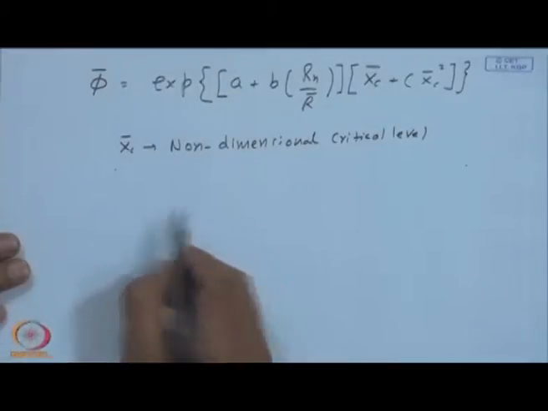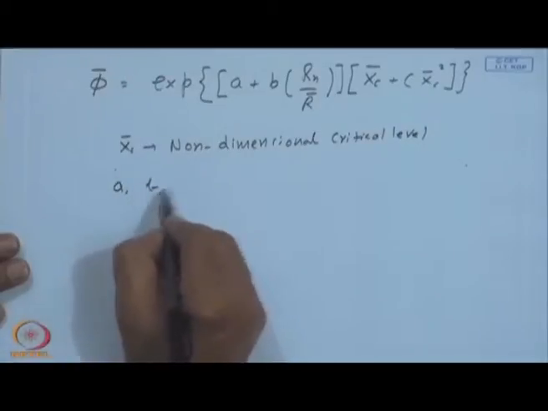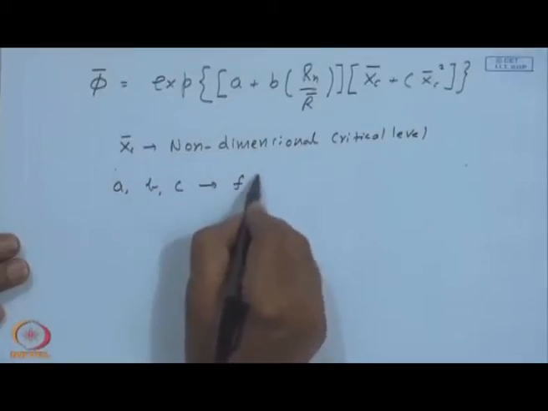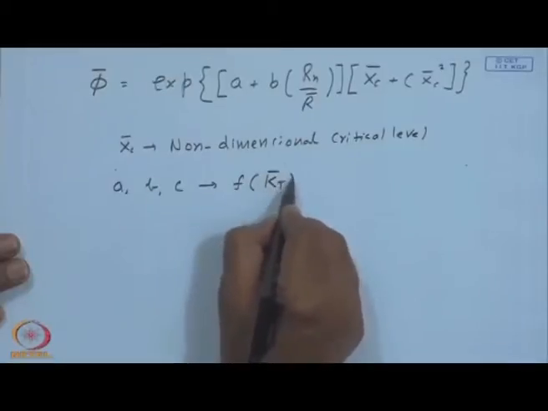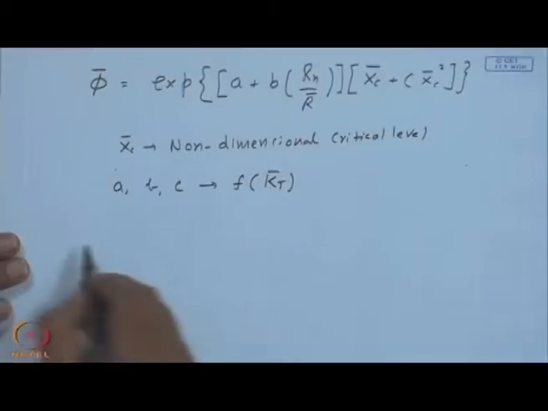and A, B and C are functions of the monthly average daily clearness index Kt bar.